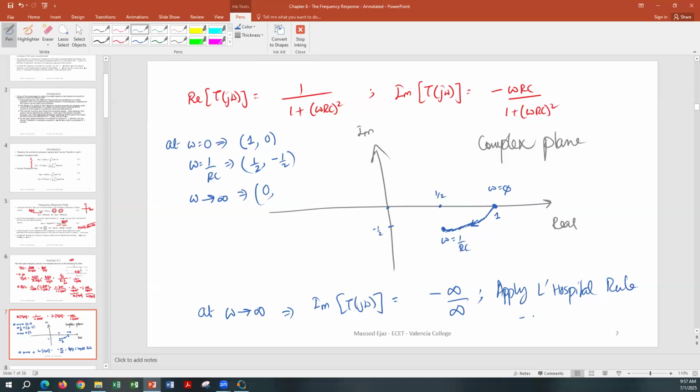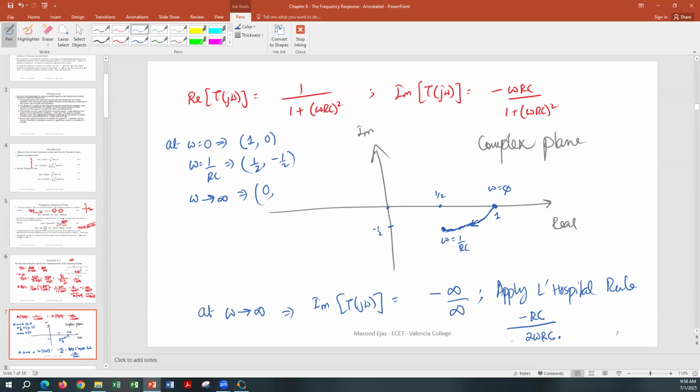That's going to give you negative RC. And you take the derivative of the denominator with respect to omega: the 1 is gone, and it's going to give you 2 omega RC.